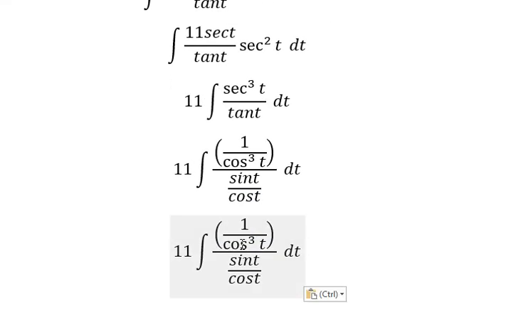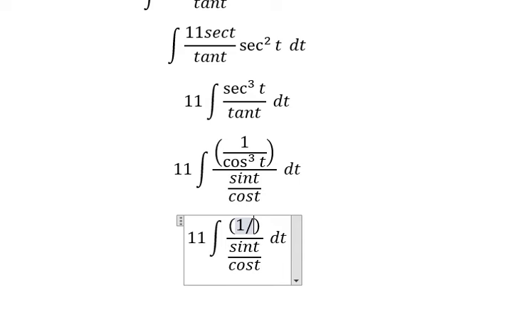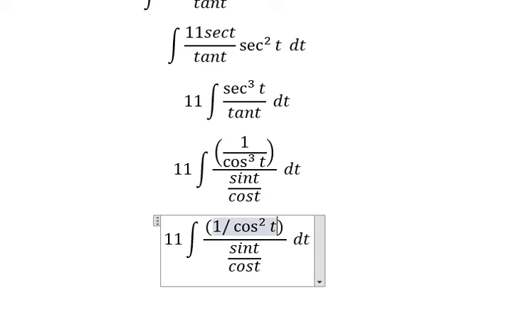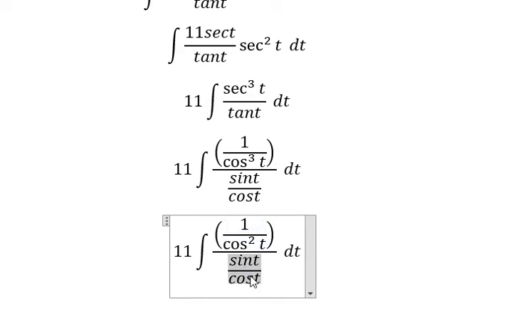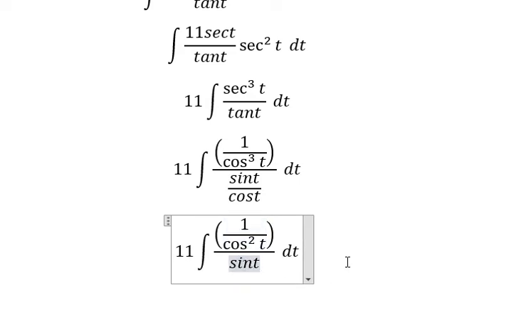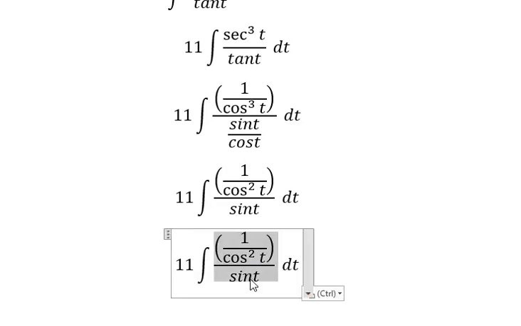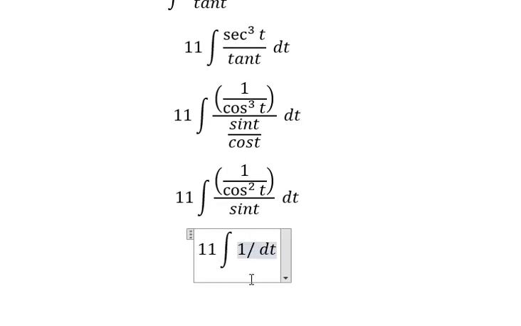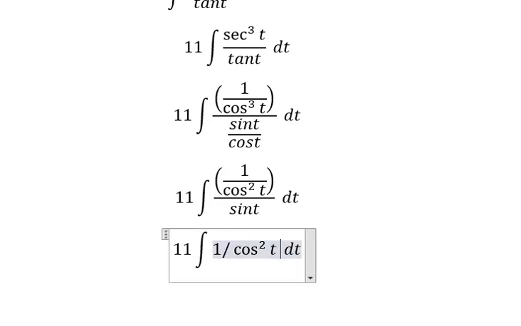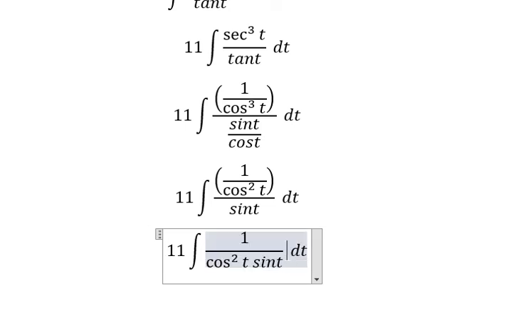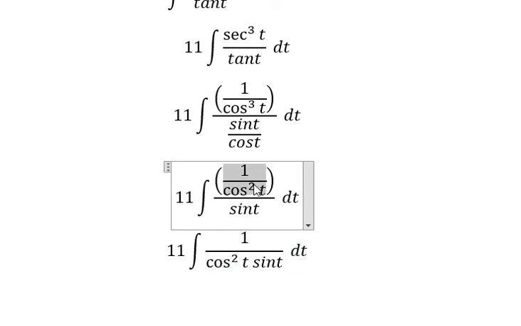So we simplify cosine t and get 1 over cosine squared t, times sin t, which gives cosine squared t times sin t.